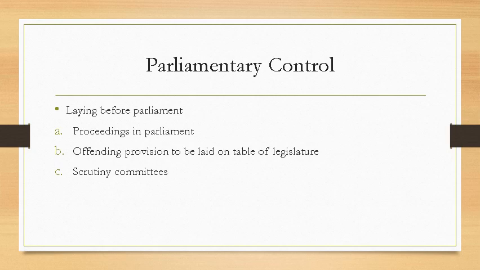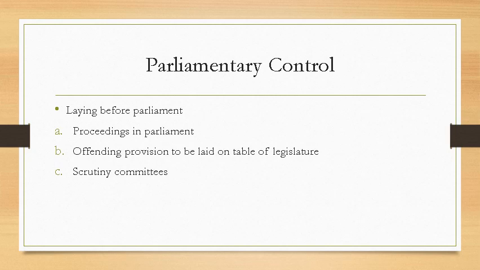Now, when it is done, the members of parliament get an opportunity to discuss it, and wherever they are finding things not permissible, they can ask for amendments. Then the offending provision can be laid on the table of the legislature.